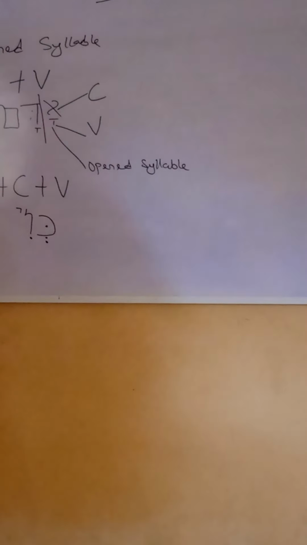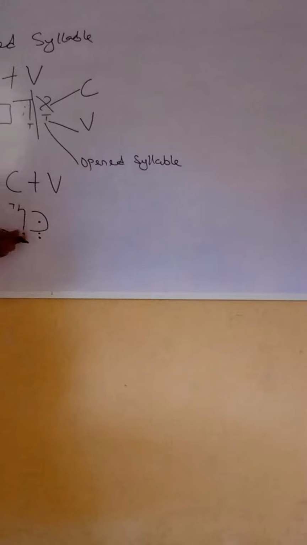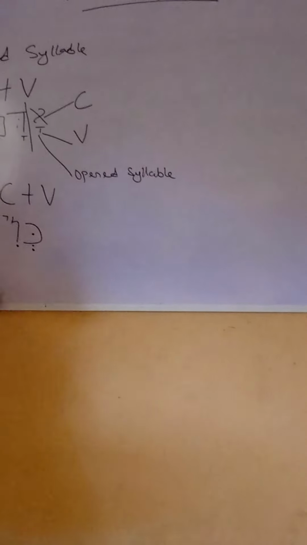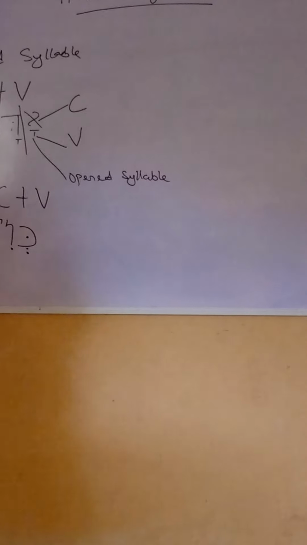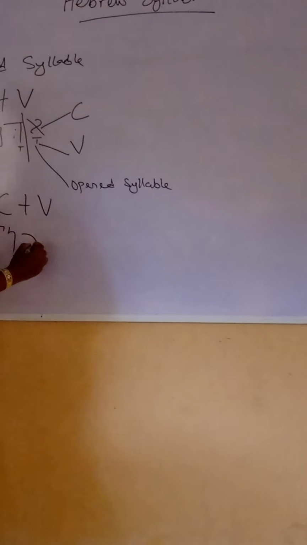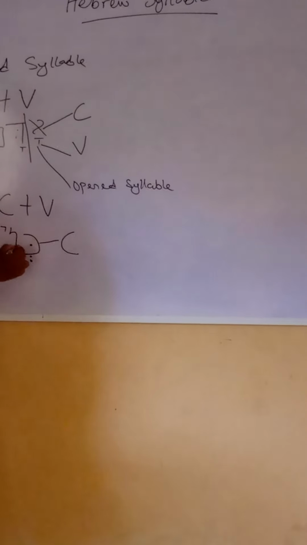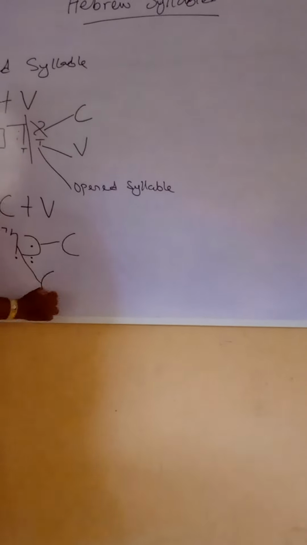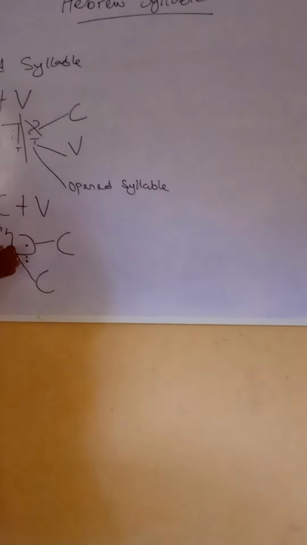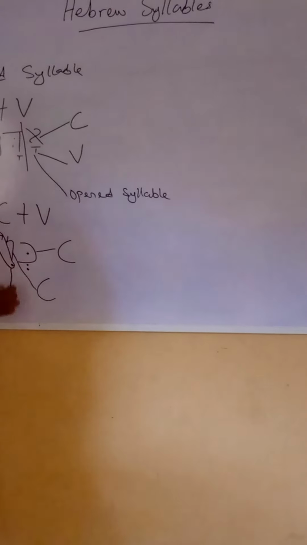We have just one full vowel. This is a half vowel; we don't reckon with it in syllabification. So we have a consonant, a lamed consonant, and a full vowel.